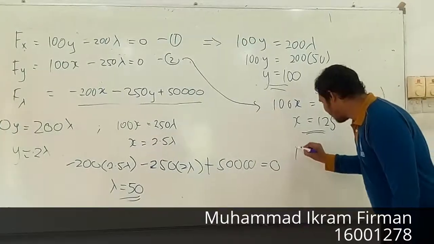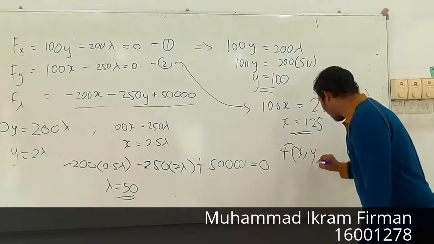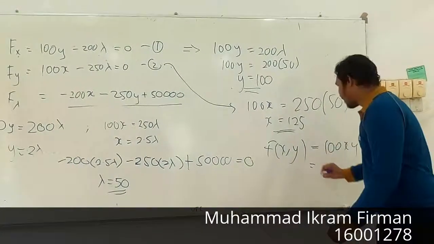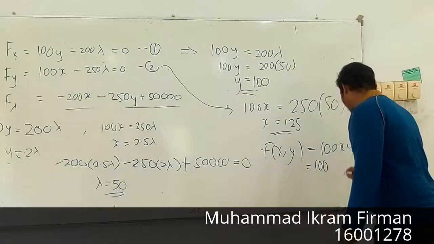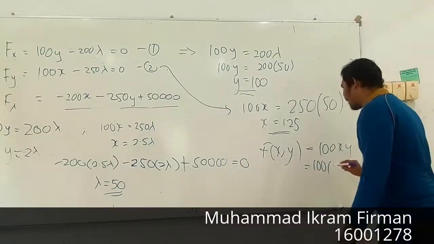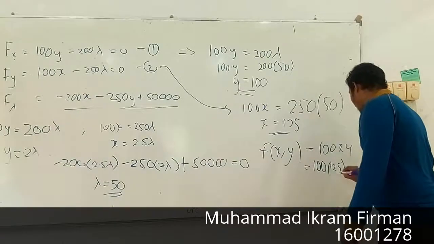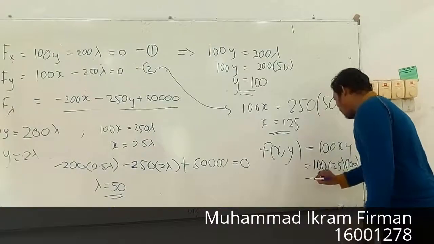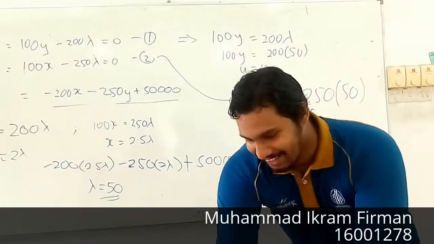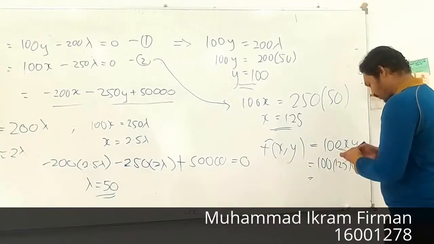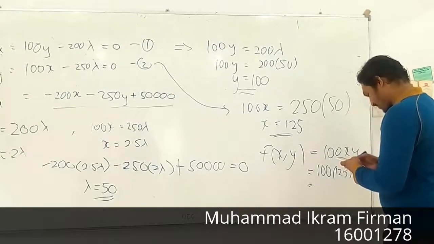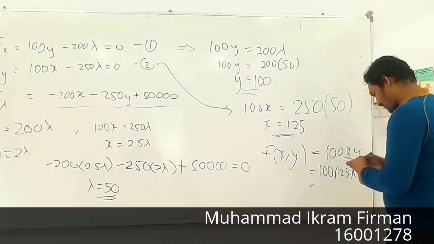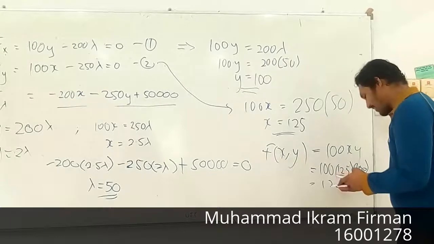So the function f(x,y) equals 100xy, which is equal to 100 times x, which is 125, times y, which is 100, and then we get the maximum production, which is 1,250,000.